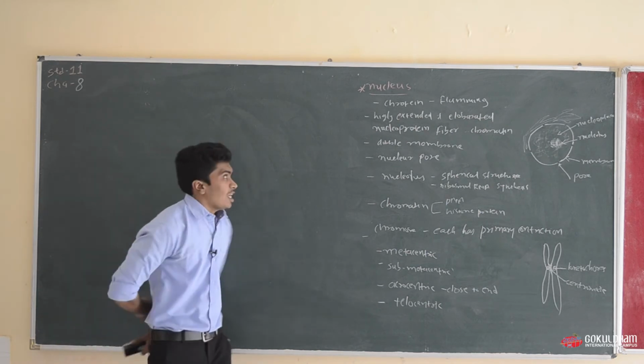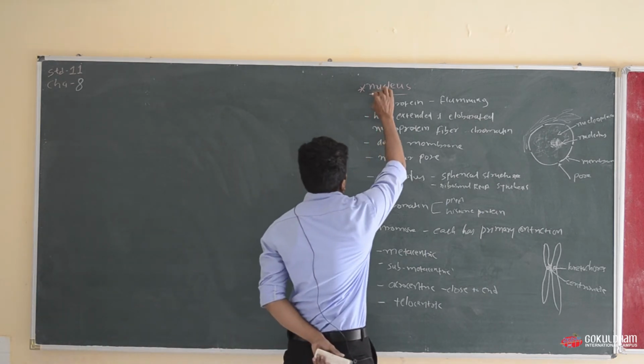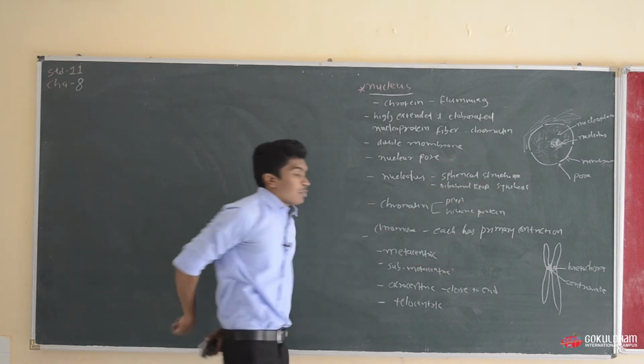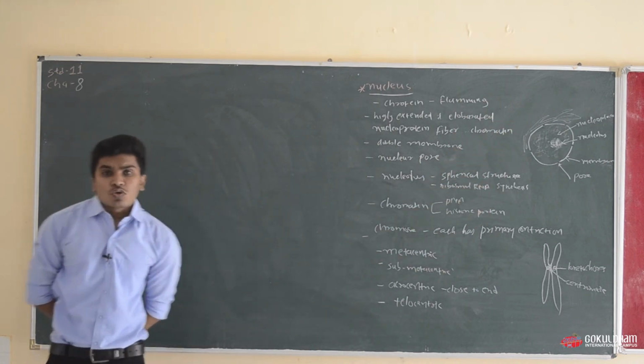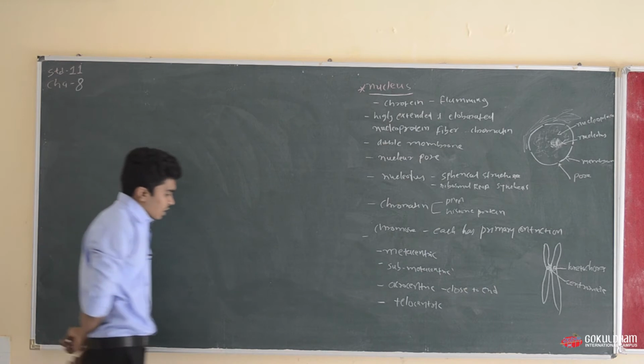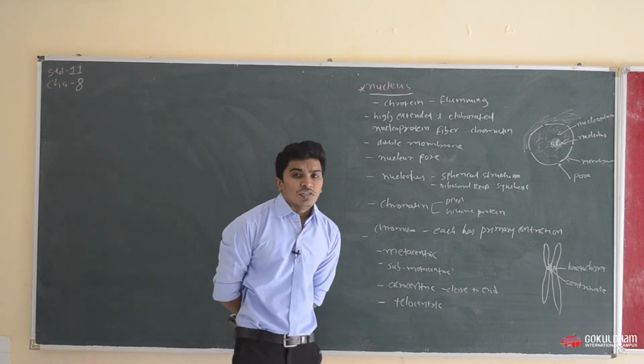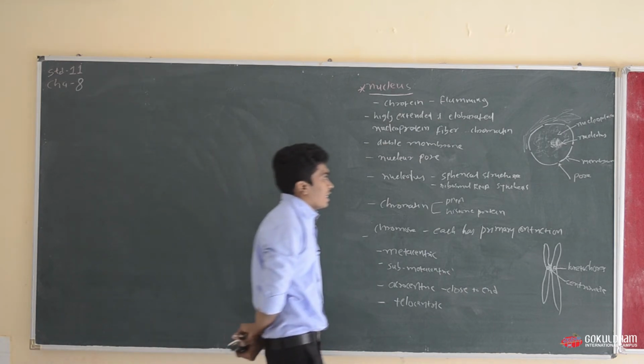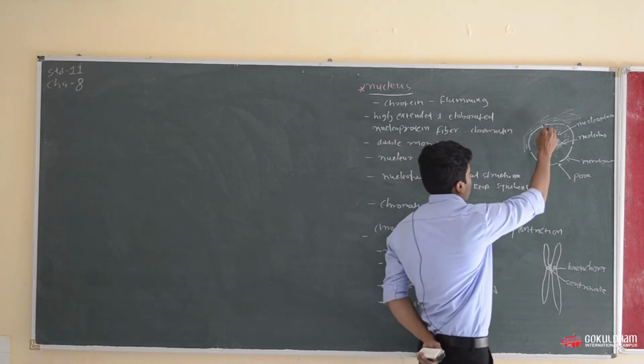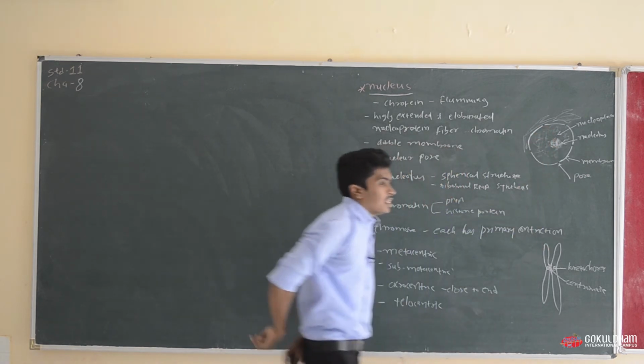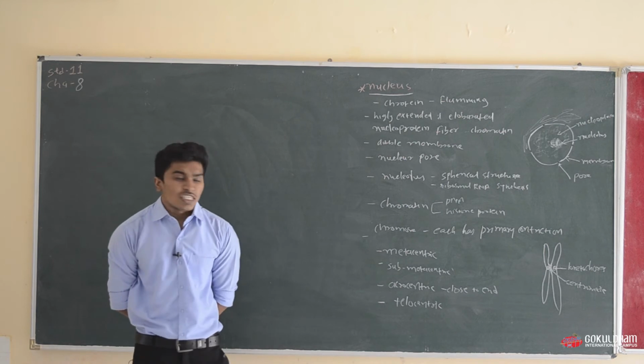Now let us see about the nucleus. After Robert Hooke, another scientist, Robert Brown, discovered the densely stained region in the cell, and later they gave this organelle the name nucleus.